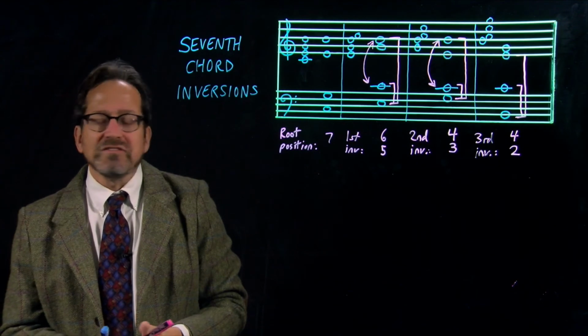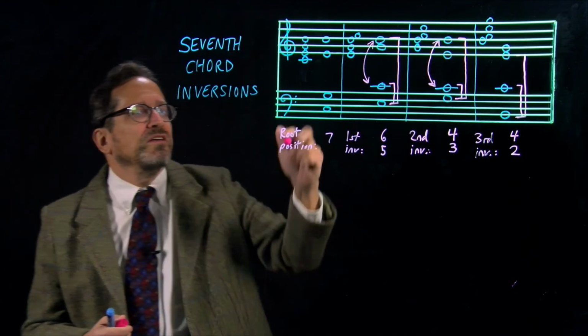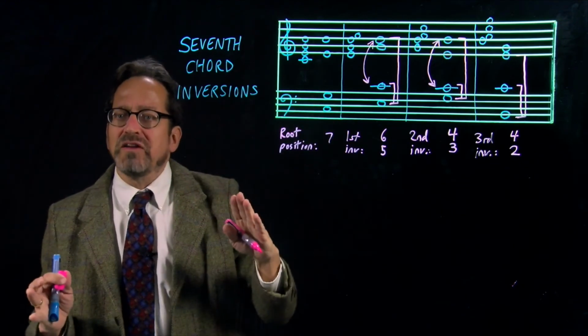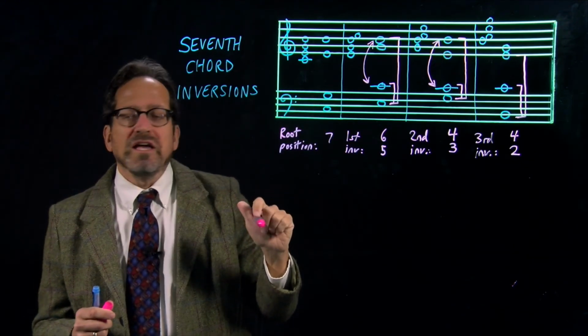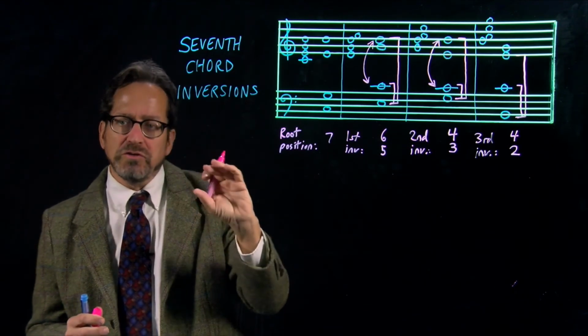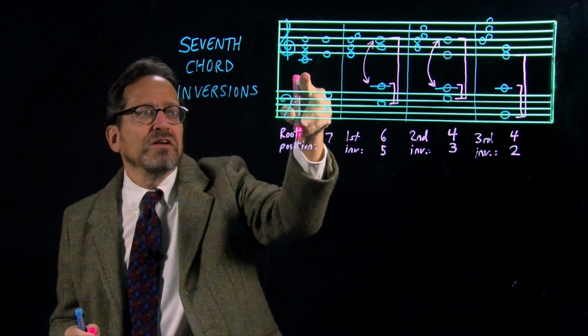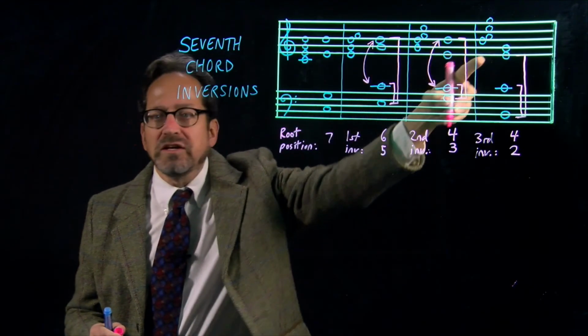There's also one last thing I can point out here regarding inversions. If you're trying to figure out a particular 7th chord, a convenient method is to first arrange those tones in the closest arrangement that you can within an octave. So that's what we did here, and here, and here, and here.